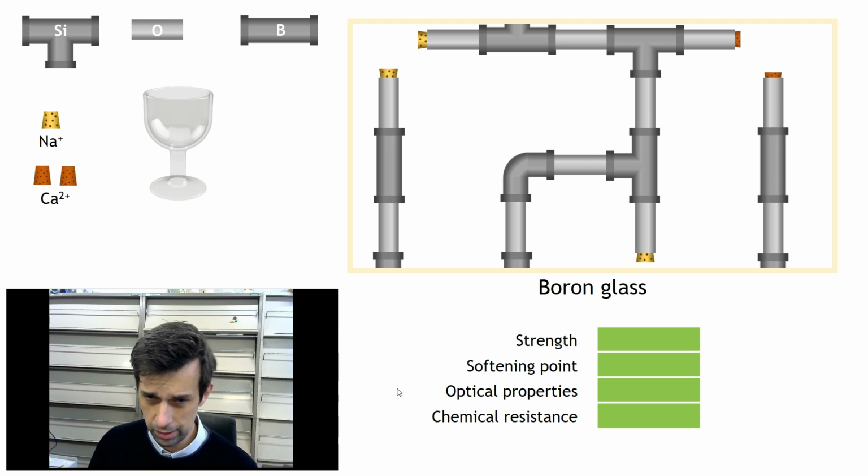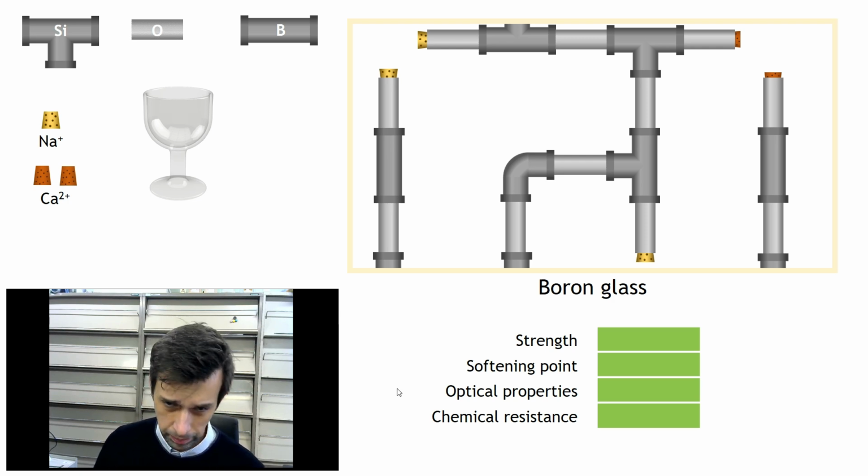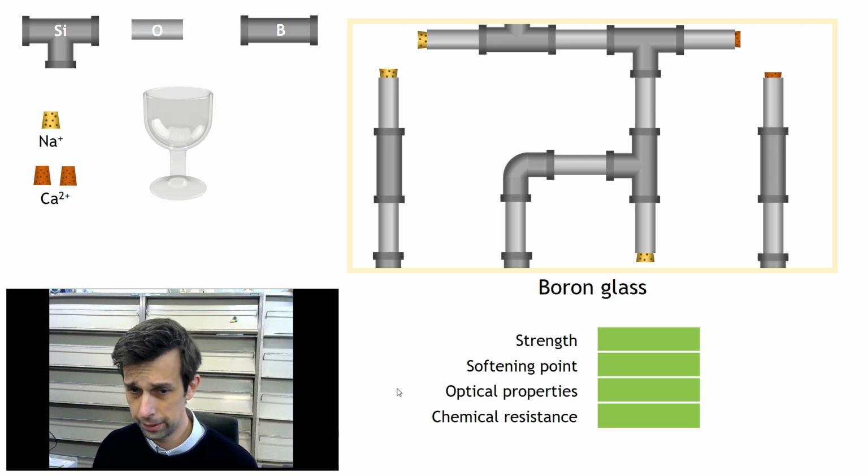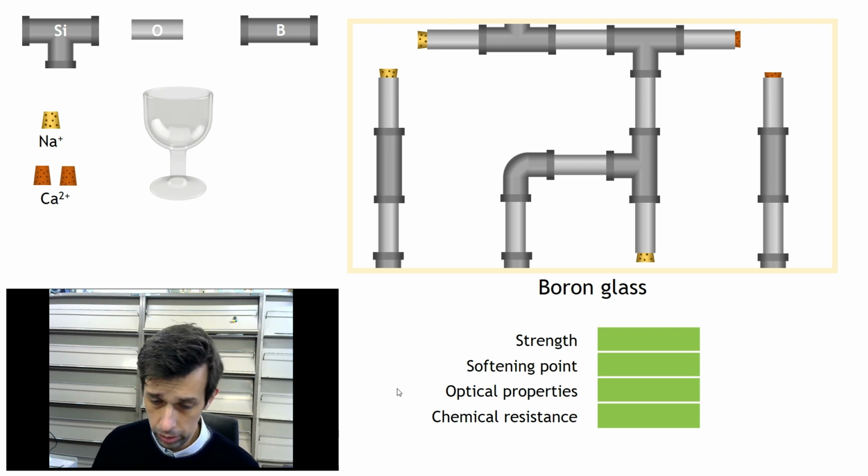I say here that the strength is high, but still, if a beaker falls to the ground, it shatters. It's strong for a glass, stronger than a bottle of the same thickness, let's say, soda lime glass of the same thickness. Decent optical properties. Chemical resistance is good, and that's another good reason to use it in laboratory equipment.